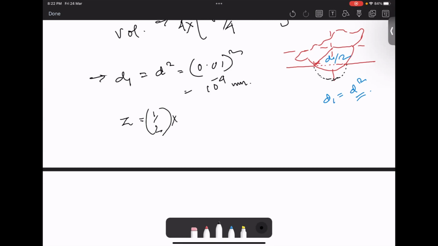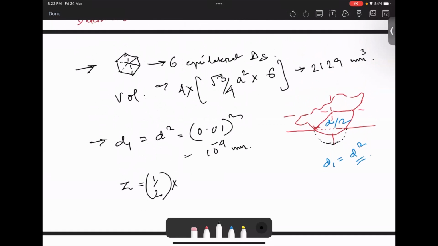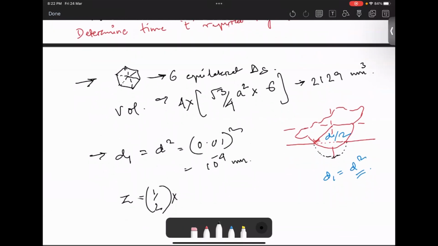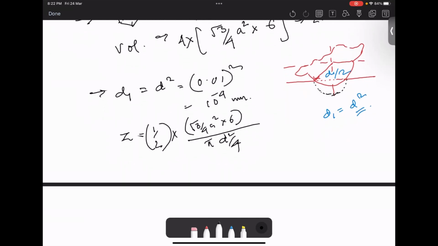You multiply that with the ratio of the area of your particular shape. In case it's a hexagon, the hexagonal area is √3/4 times the square, into 6, isn't it? Divide it by your grain area, which is pi D squared by 4, assuming it to be a spherical grain. When you do that, you find out your Z value.